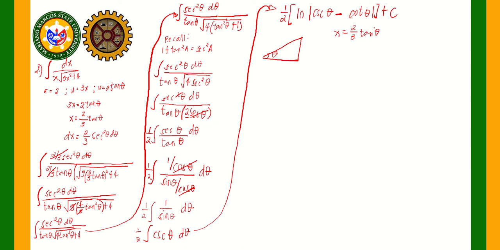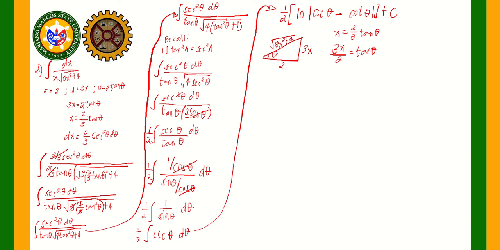So, if you are going to get the value of tangent theta, we are going to cross multiply si 3 dito and si 2 sa baba. So, this will be equal to 3x over 2 equals tangent theta. So, yung tangent theta natin is TOA. So, this will be opposite and this is adjacent. So, since dito yung angle natin, our opposite will be here and adjacent will be here. So that our hypotenuse will be the square root of 9x squared plus 4.